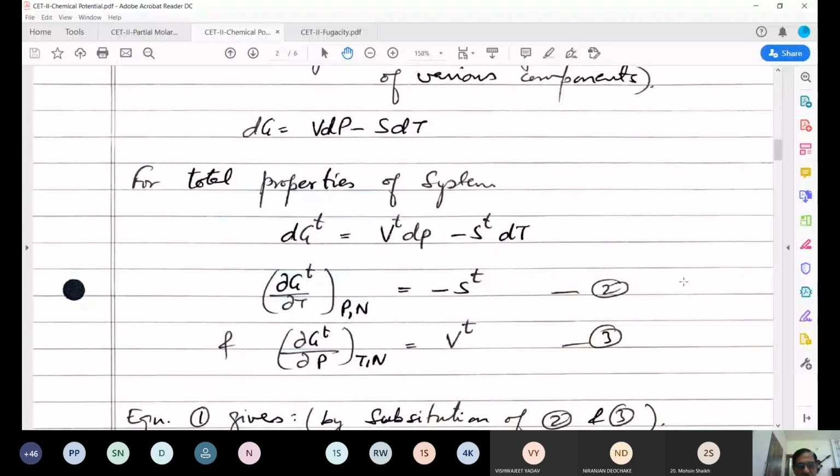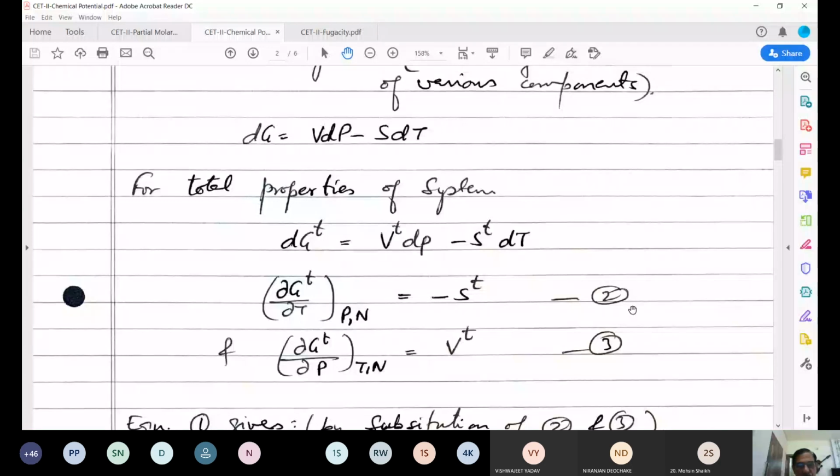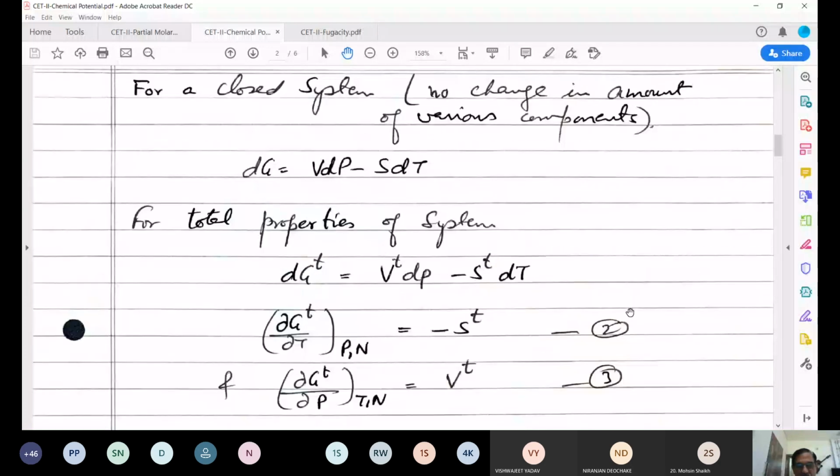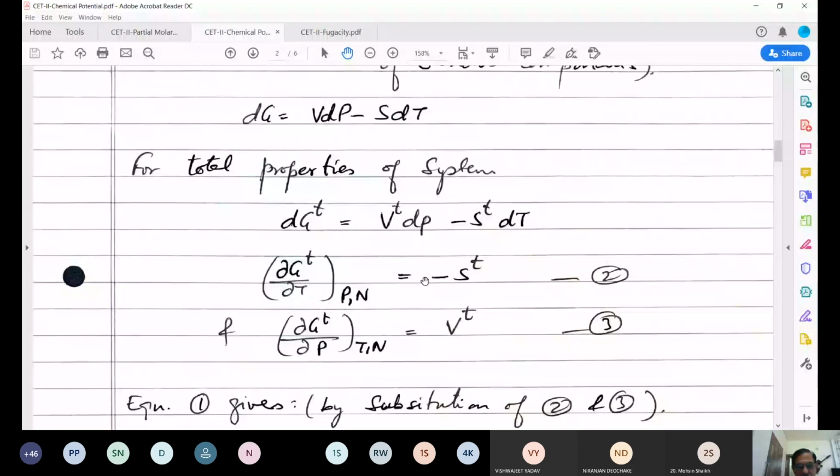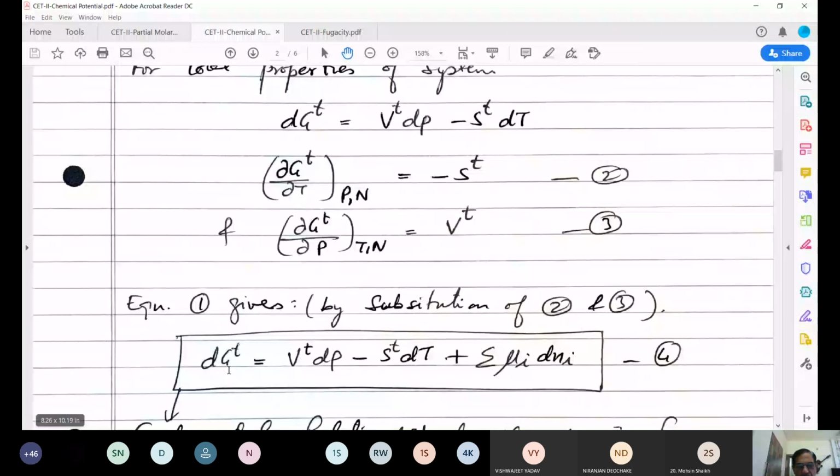So now this is minus S_T, this is equal to V_T, and this is what we have there, right? We can replace these two terms, and what we'll get is dG_T is equal to V_T dP minus S_T dT plus summation of mu I dn_i.